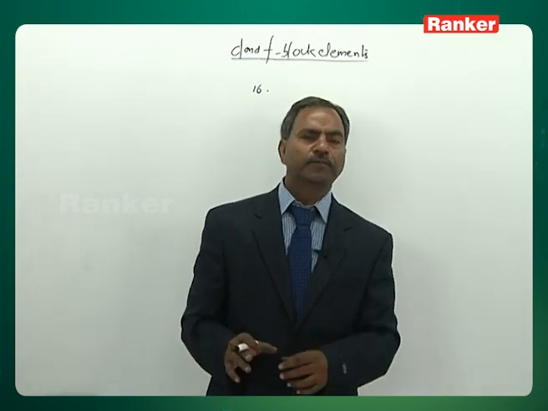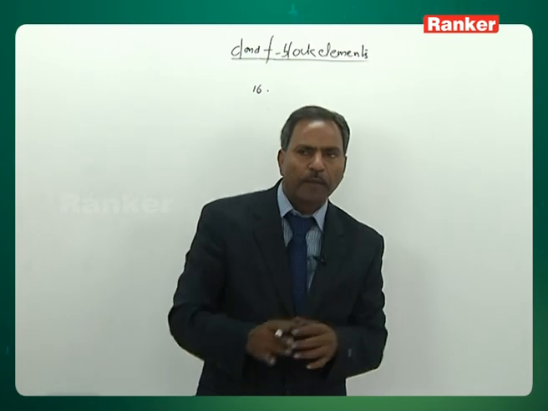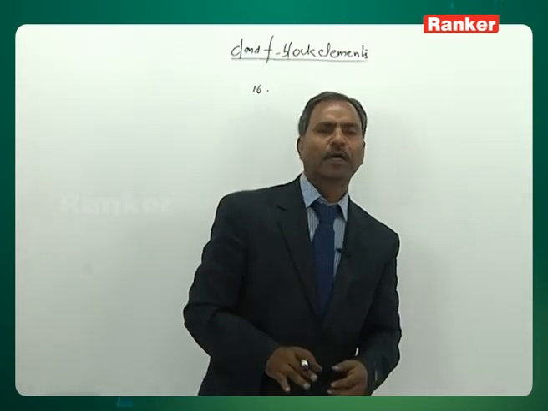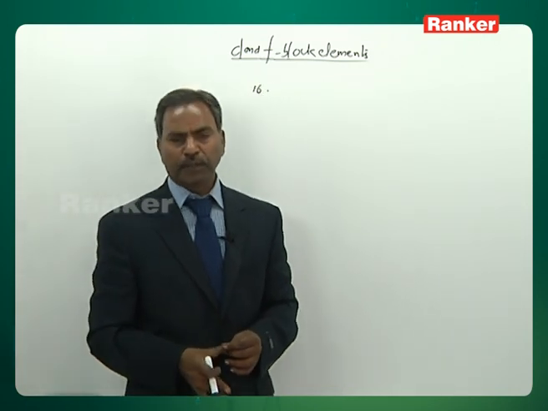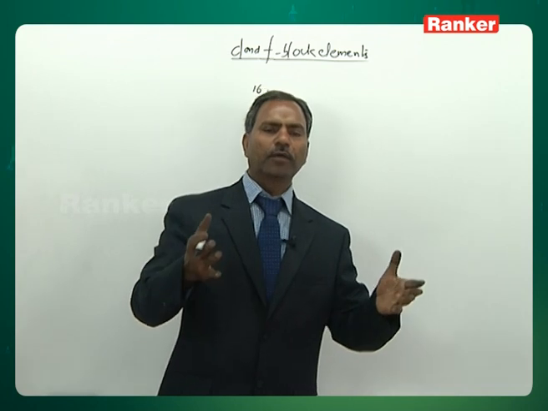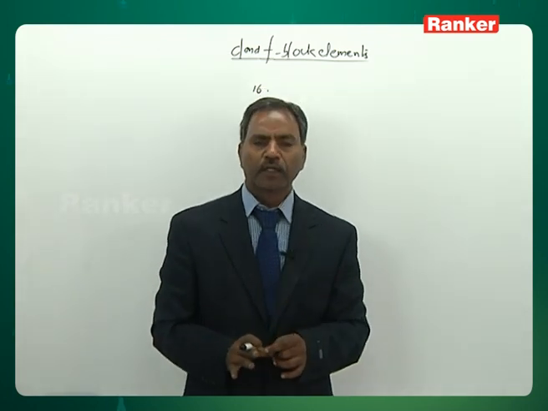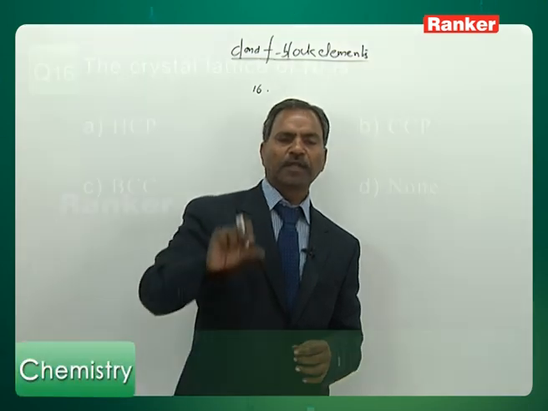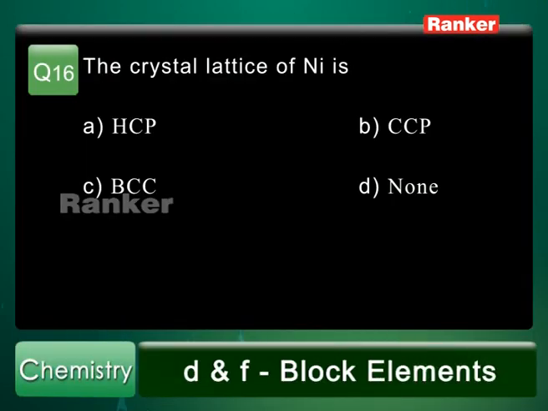Remembering is difficult, so I made an easy way to remember. I classified all the 30 elements into these different metallic lattices, HCP or CCP, FCC, BCC. There is not much explanation required for this. In the case of nickel, I have given it clearly in the class notes, that B is the correct option here.